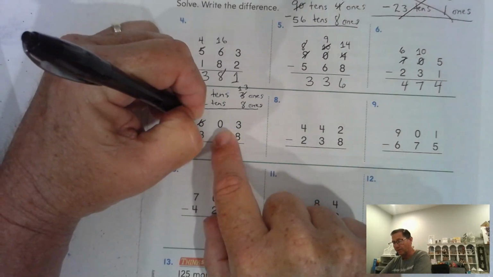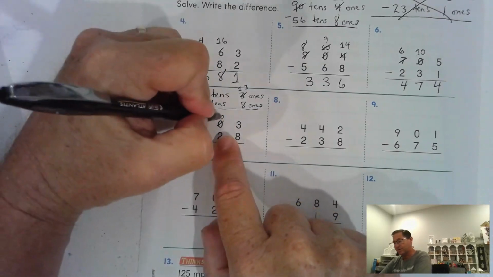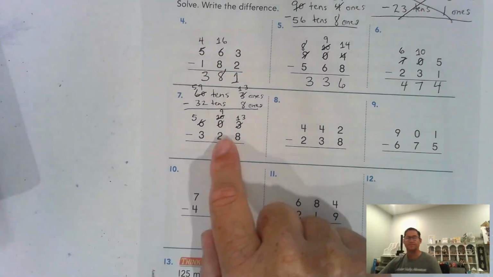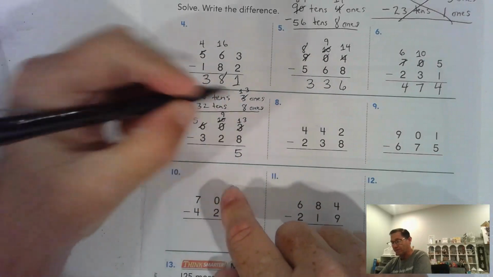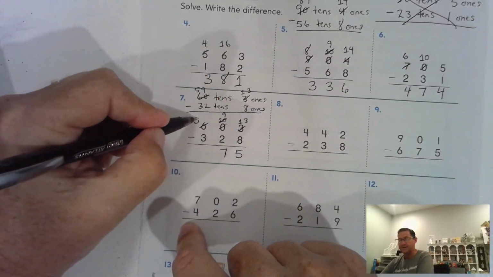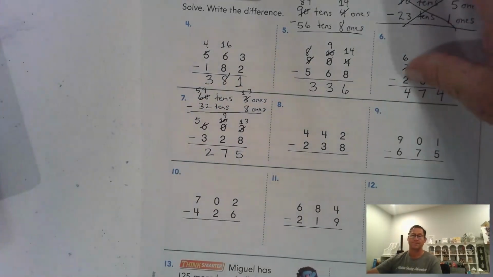So I'm going to take one of the hundreds, trade it for 10 tens. I'm going to take one of the tens now and trade it for 10 ones. Okay. 13 take away 8 ones is 5 ones. 9 tens take away 2 tens is 7 tens. And 500 take away 300 is 200.